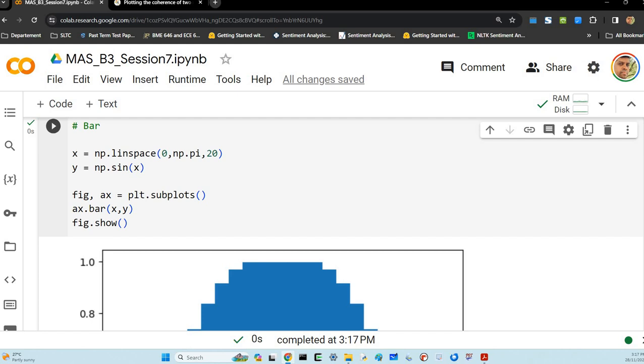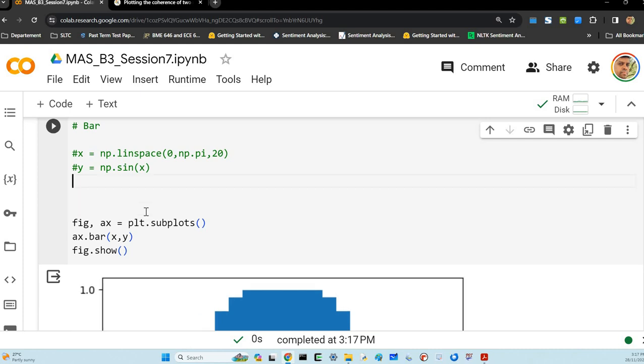To get separate values, maybe you can use distinct values, not like this. So for example, instead of x here, let me define some distinct values.